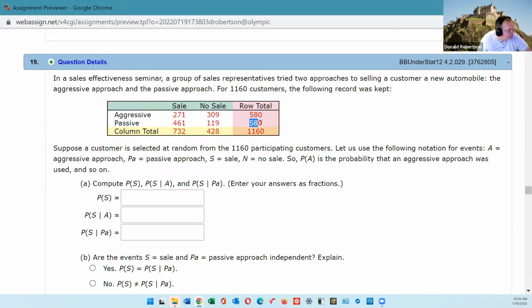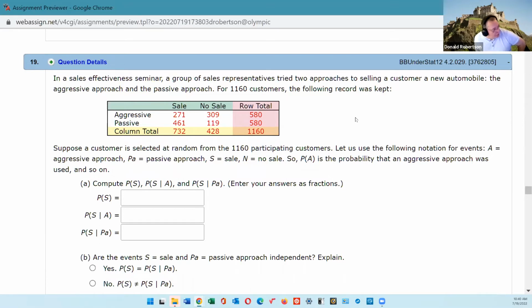Now, if you look at the second group, also 580, can you see that you've got a much different distribution? Just looking at the raw data, and to me the raw data is basically those two rows, wouldn't it look like passive salesmen actually sell more cars?